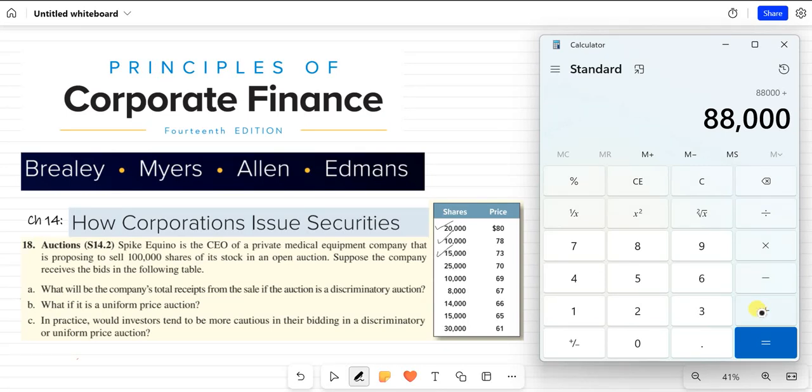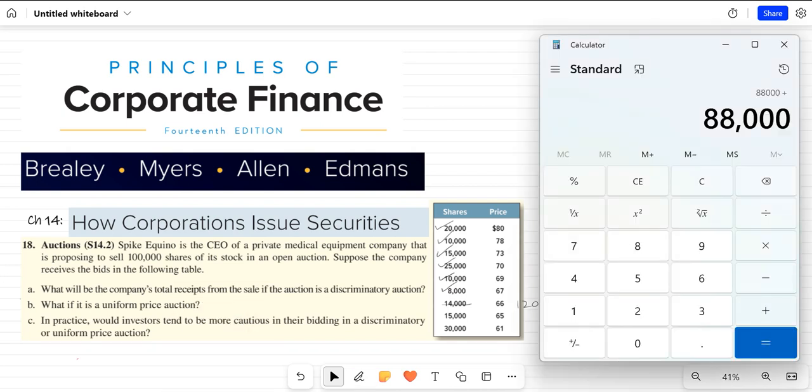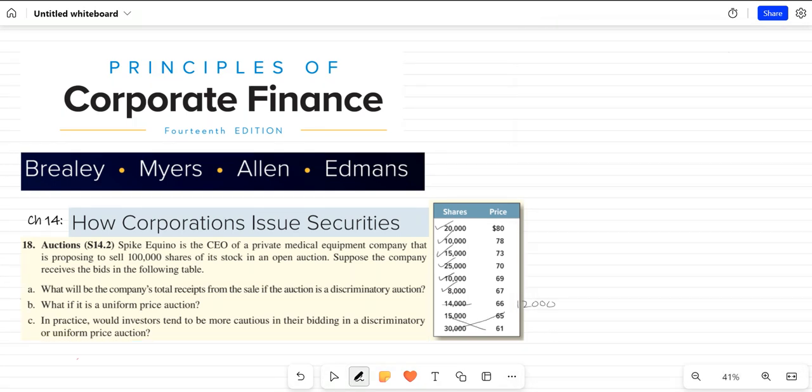So from these 14,000 shares, we will need only 12,000 shares. So this will be our 100,000. So these shares will remain unsold, plus 2,000 from here.